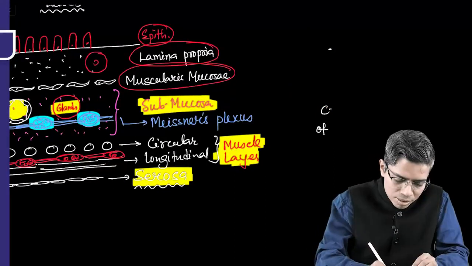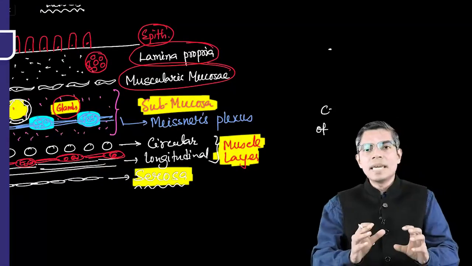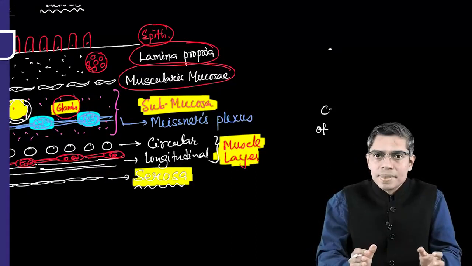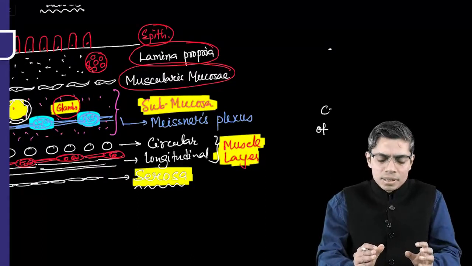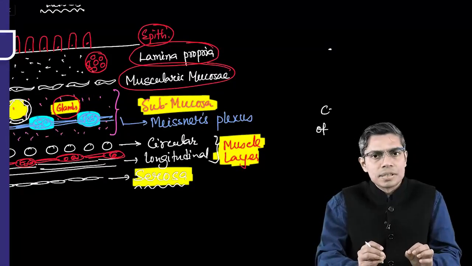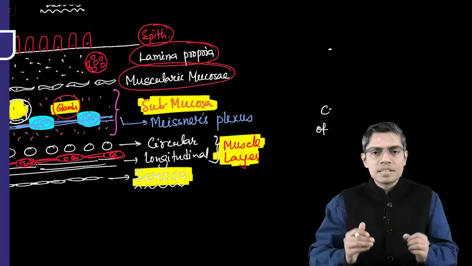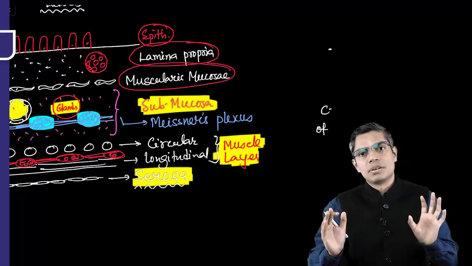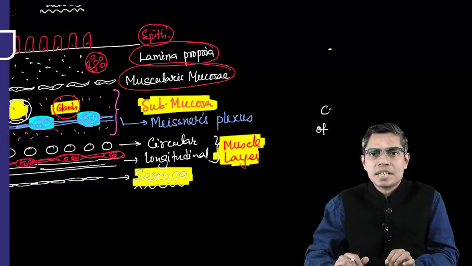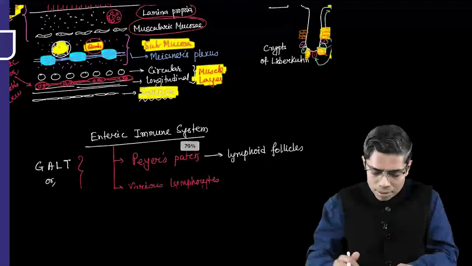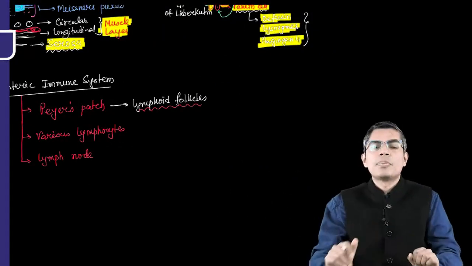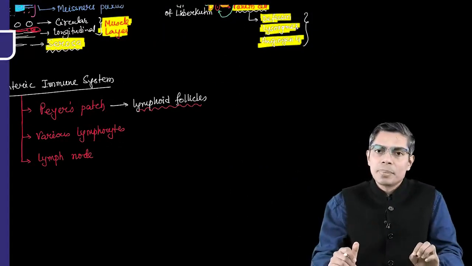This follicle consists mainly of B lymphocytes and a little bit of T lymphocytes, and a few dendritic cells are also there. As you can see, this is an aggregate of lymphocytes only, and a little bit of dendritic cells. So the lymphoid follicles located at the level of the lamina propria are known as the Peyer's patch.